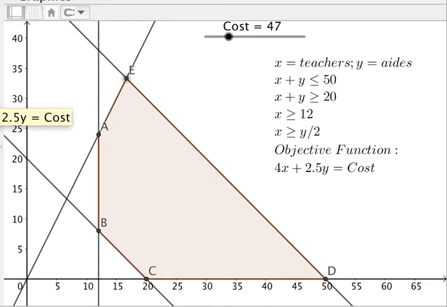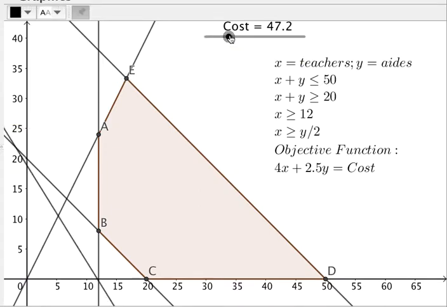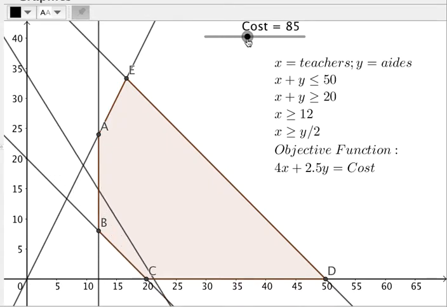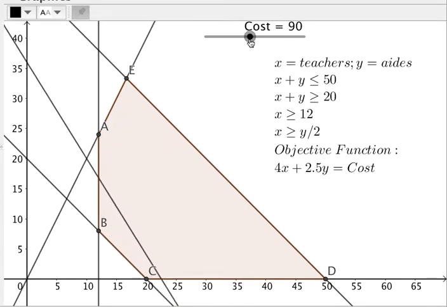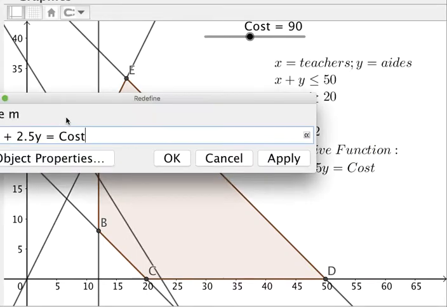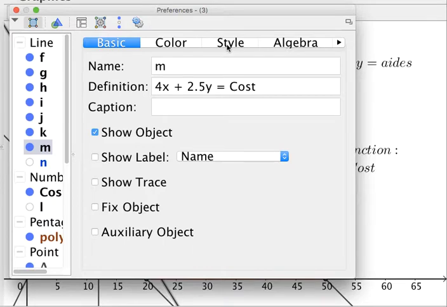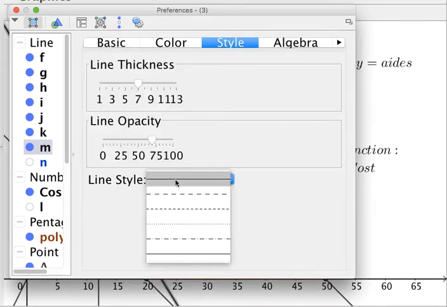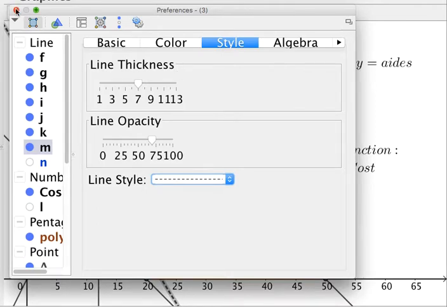And so when we graph that line, we'll use this slider here to control the total cost. Right now we'll say 4x plus 2.5y is equal to 90, and that gives us this line right here. Let's make it a little more visible, a little thicker, and let's say dashed.